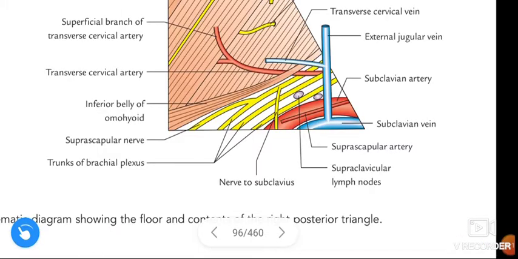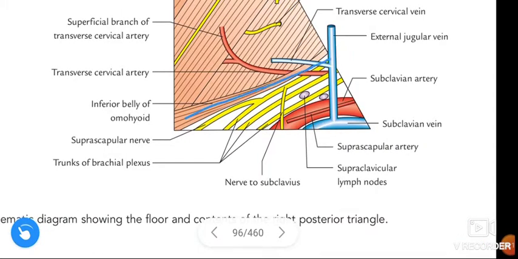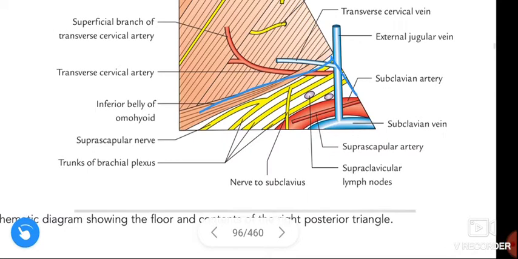See this figure. This is the omohyoid, and below this is the suprascapular or subclavian or supraclavicular triangle. See the contents in this triangle.